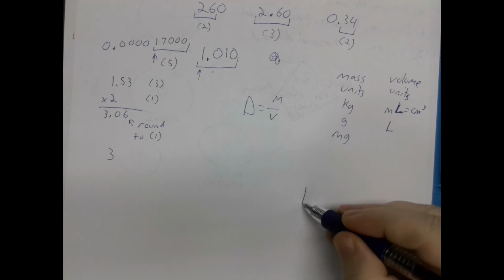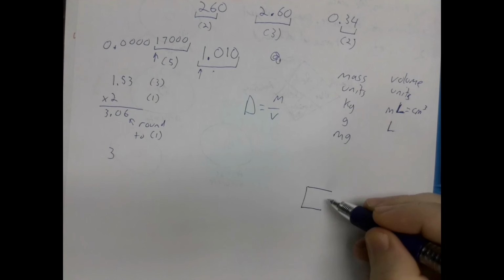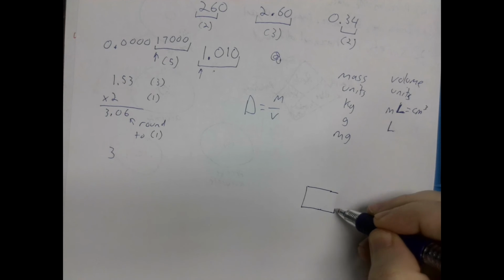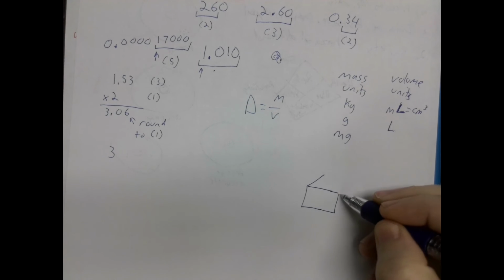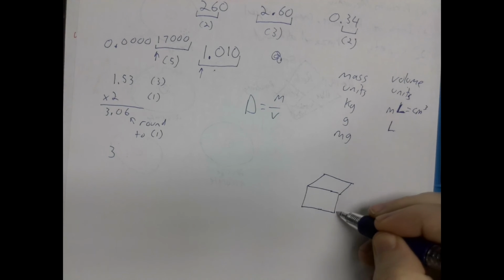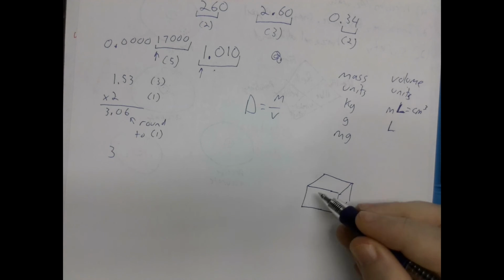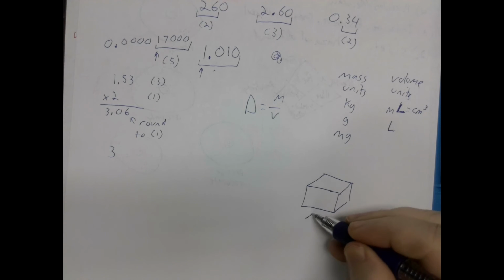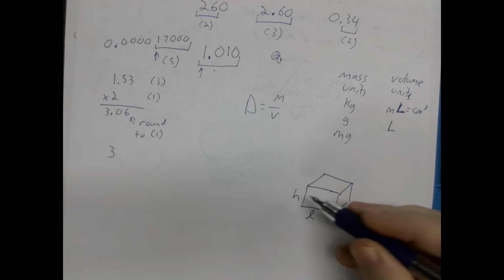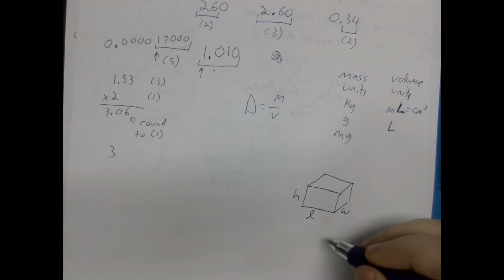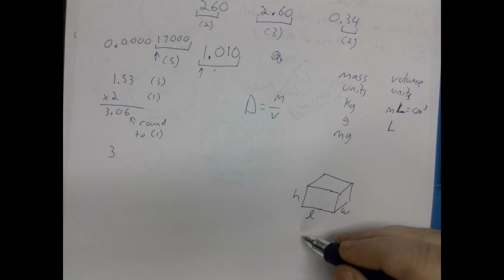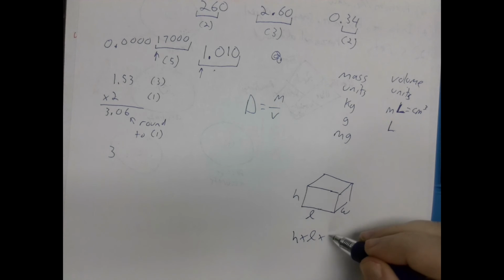If we had some sort of, not necessarily cube, but some rectangular shaped object, where we have a length, a height, and a width, the volume of this cube, or whatever you would call this, would be equal to height times length times width.